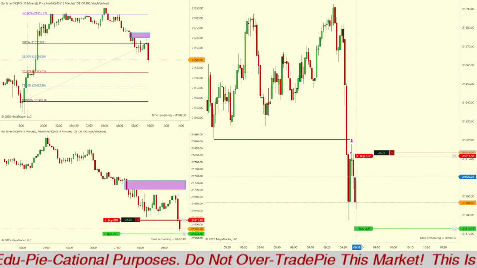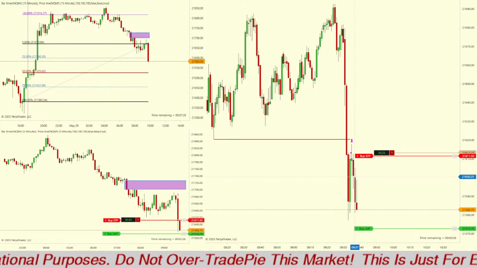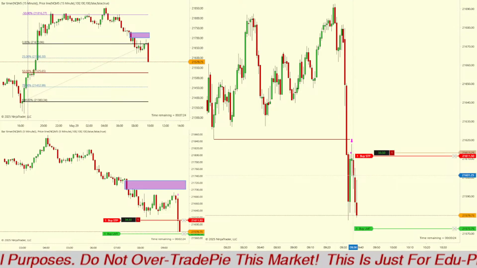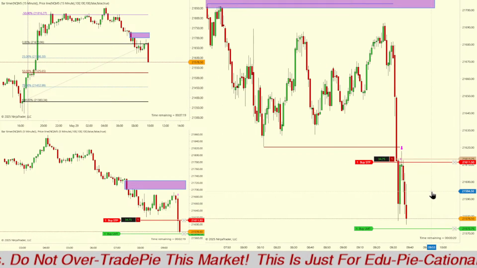I'm looking at this volume imbalance over here, if the market is able to reach it or not. Before doing that, I will deliver my target.